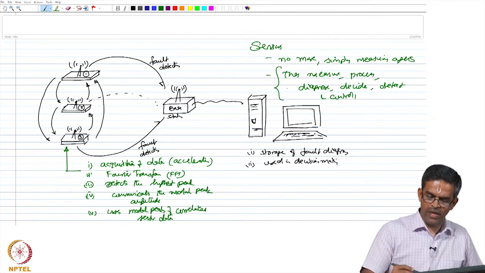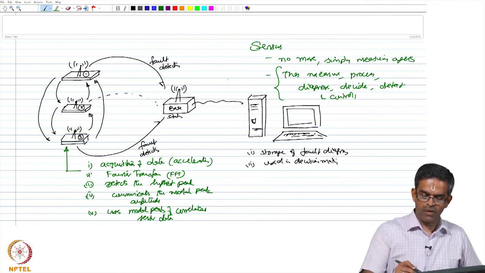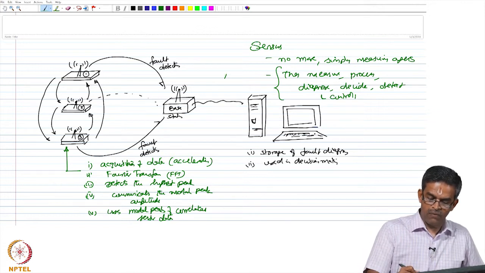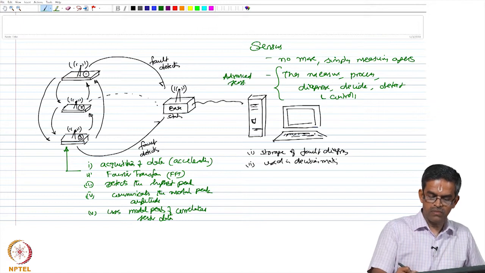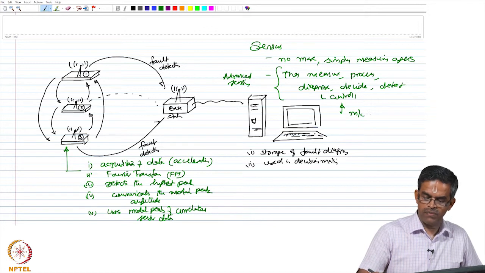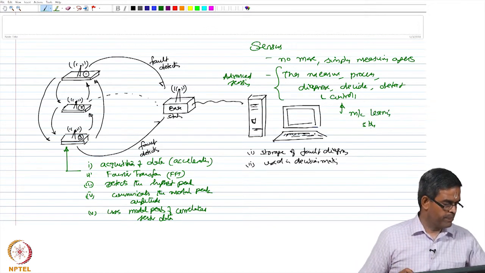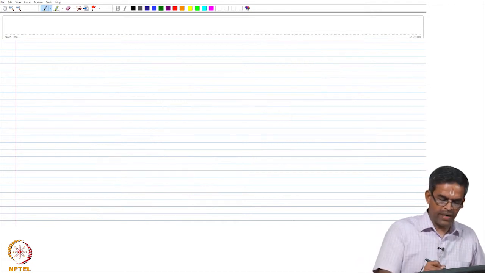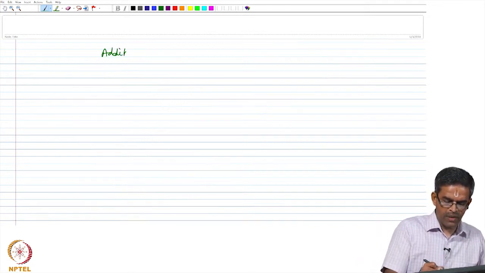So, they do very intelligent jobs. That is what we call advanced sensing technologies, and that is the part of machine learning which becomes very important in SHM.